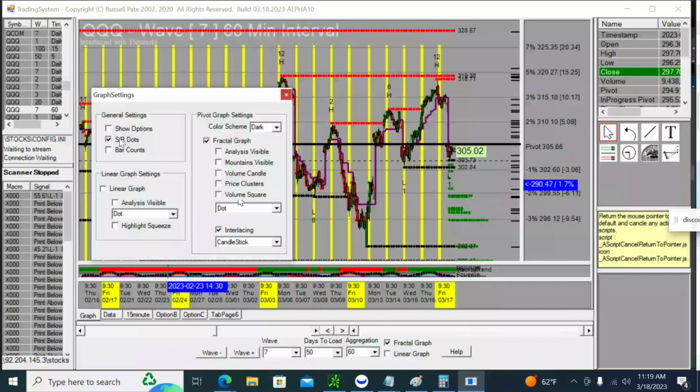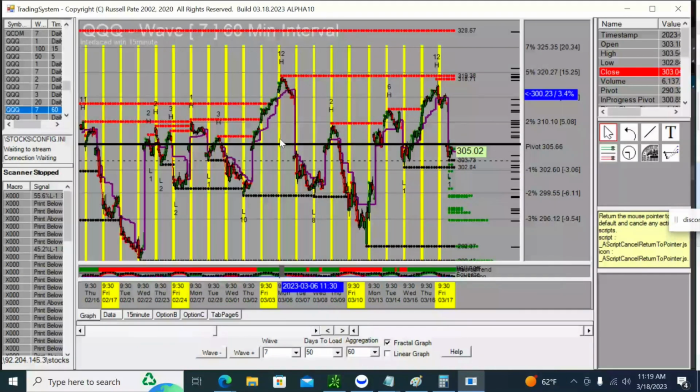It's basically just trying to figure it out. If support breaks, it goes down lower.